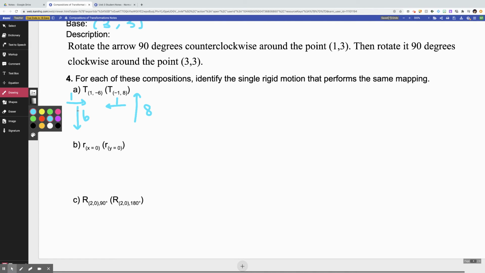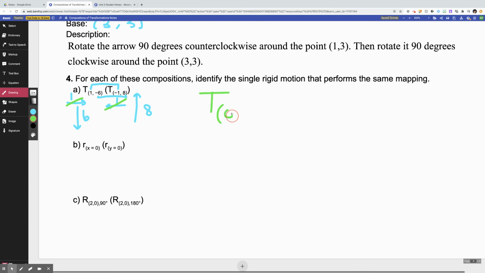So what you do with these is you take your X values and add them and do the same thing to your Y values. Really, I could accomplish this in one move by saying this positive one and this negative one are going to cancel each other out, so I'm not going to move for X at all.